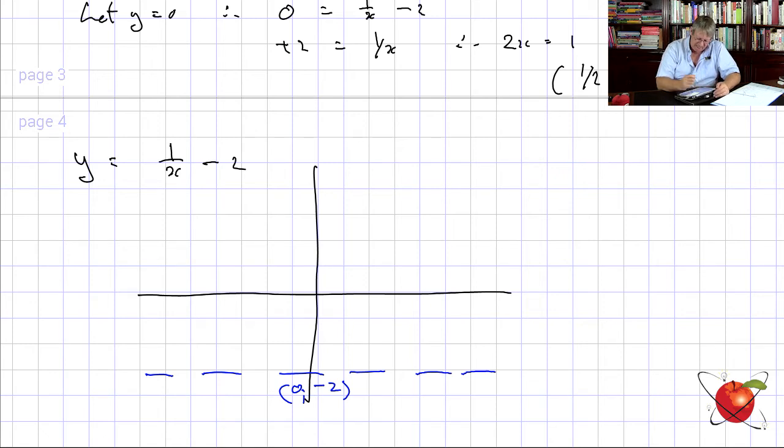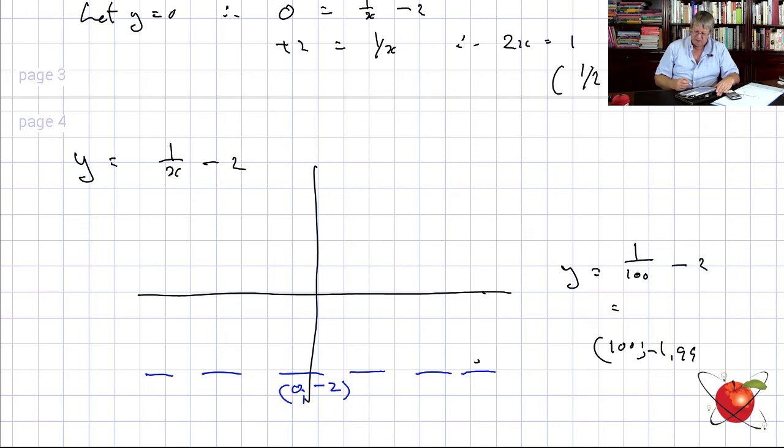Let's say x is equal to 100, so y is equal to 1 over 100 minus 2. 1 divided by 100, minus 2, equals minus 1.99. So at x equals 100, it's minus 1.99.